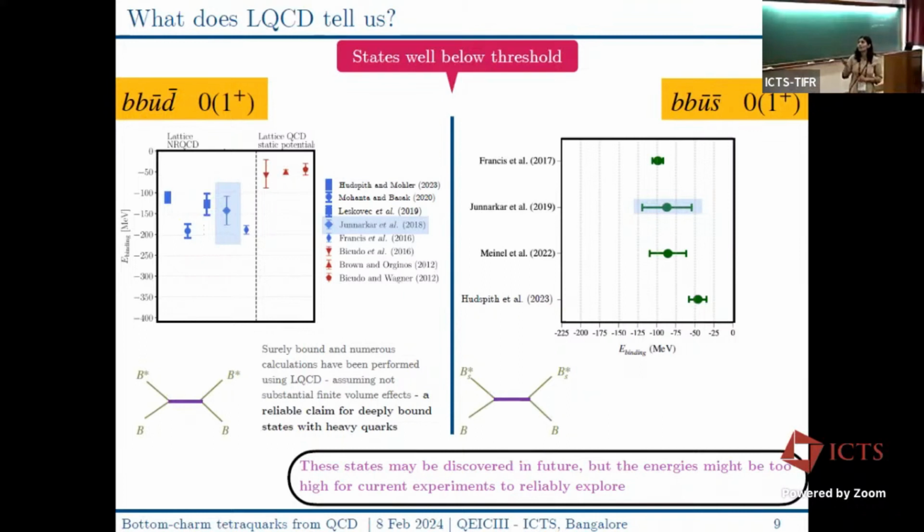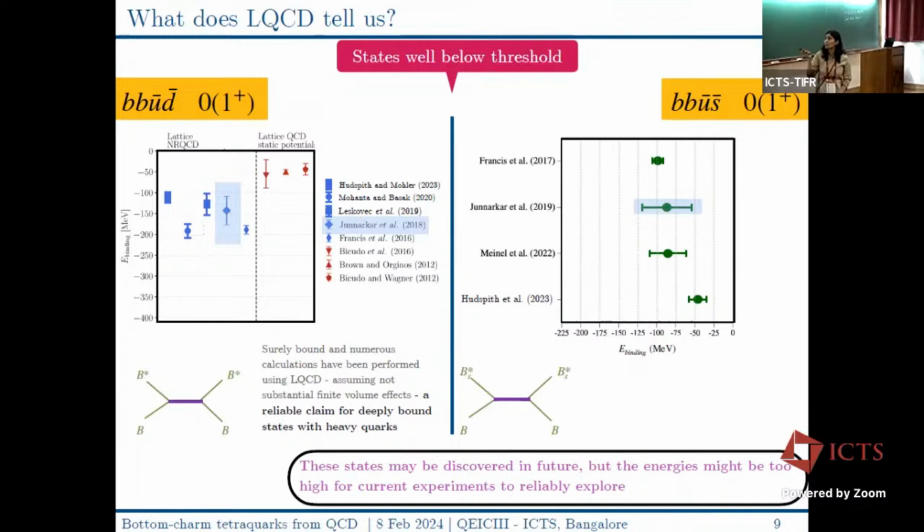So, for example, the BB ū d̄, which is in the isospin 0, 1+ channel, this is an example of all the lattice QCD calculations that have been done. In this plot, what I've shown is various groups which have calculated the binding of the BBud using NRQCD lattice techniques, and then we see that they are more or less converging to a result.